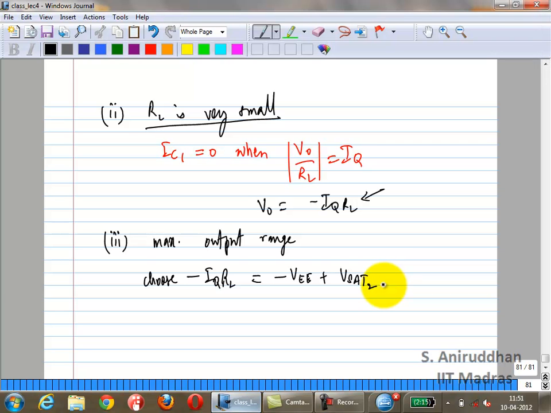You are going to choose minus IQRL equal to minus VEE plus VSAT 2. This is your design parameter. IQ is your design parameter. RL you don't have control over. You need to drive a particular load. So this is your optimum bias current.